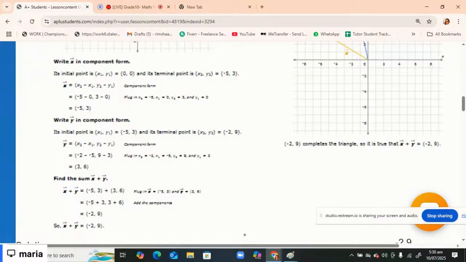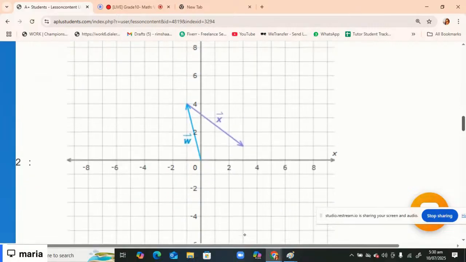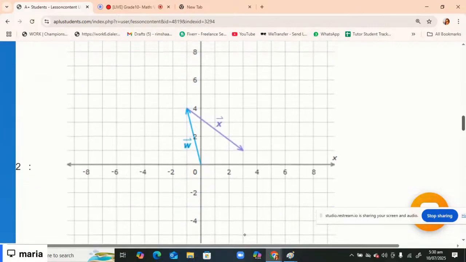Let me just draw some figure over there, and then we add it. Okay, let's do it.